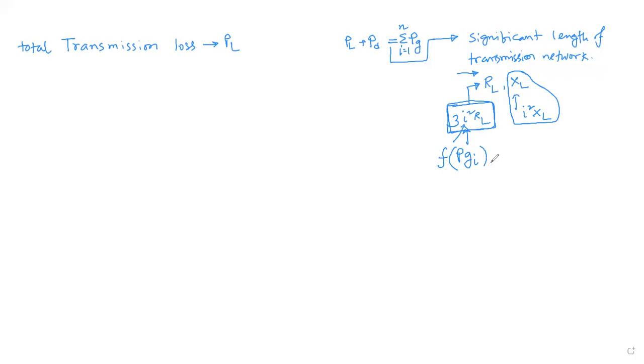In today's class, I will try to establish the relationship between this I square RL kind of loss and the corresponding representation of the losses as a function of the generation of each generating unit present in the system. So that is our target. Let's start then.